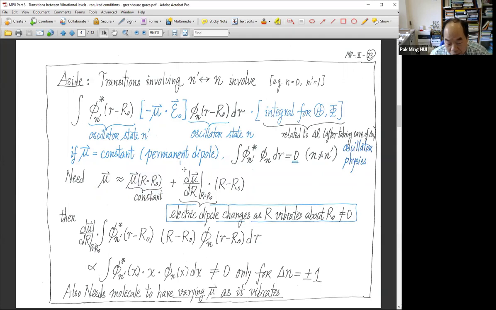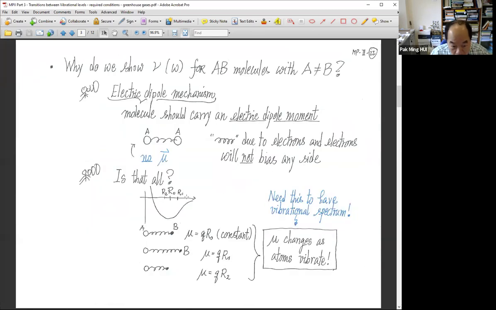If you do this first order Taylor expansion, you will pick up d mu dr. That has to do with vibrate. There will be a change in the electric dipole moment, and that will pick up a separation from the equilibrium position, okay? R minus R0 is this thing.